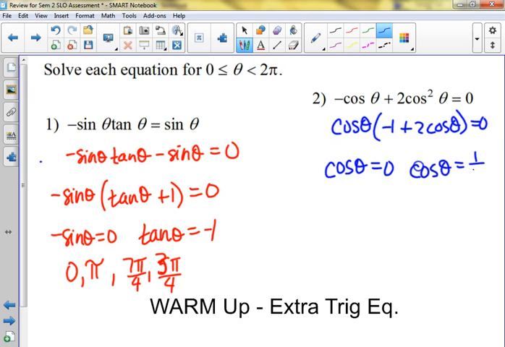Does that seem right, guys? I think if I did my magic. Okay. So cosine is 0 at and 1/2 at 5 pi over 3. Is that the other one?